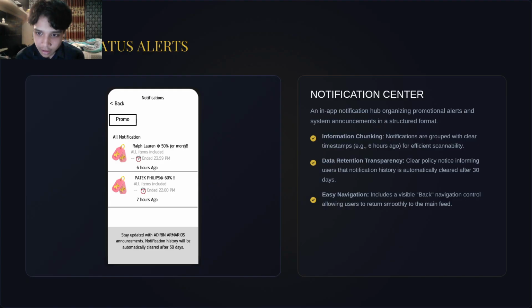Information chunking: notifications are grouped with clear timestamps. As you can see, it's 6 hours ago. For efficient scannability, data retention transparency: a clear policy notice informing users that notification history is automatically cleared after 30 days.